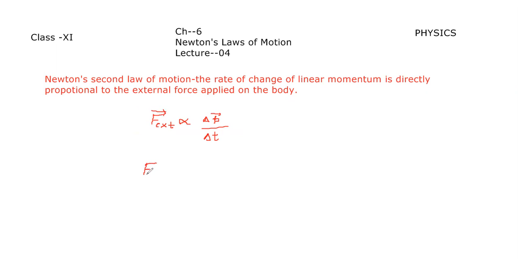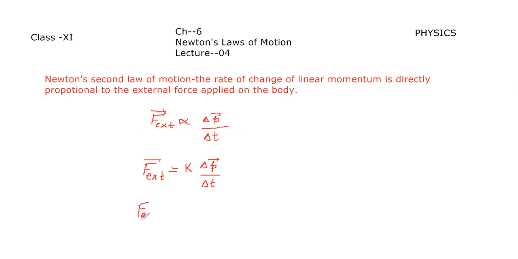So F external, in place of proportionality, if we put an equal sign, then we have to add a constant term, that is k. So k delta P upon delta t.